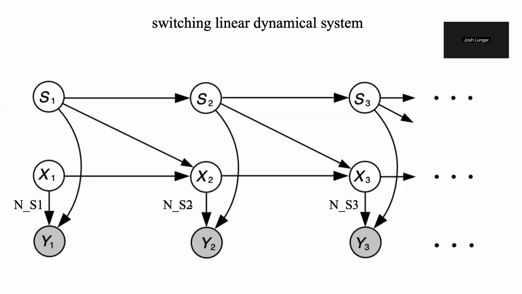So A would be the transition matrix with some noise. Probably this would parameterize a Gaussian, and it would be indexed by the switch variable. So like the linear transition here to the behavior might look different based on, in the C. elegans example, if the switch variable encodes for turning or going backwards or something.